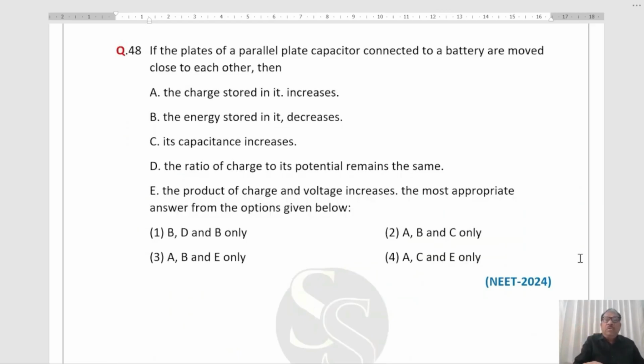Question is, if the plates of parallel plate capacitor connected to battery are moved close to each other, then charge storage increases, energy storage decreases, capacitance increases, ratio of charge to its potential remains the same, and product of charge voltage increases. The most appropriate answer from the given. We have to choose one of the correct answer, right?